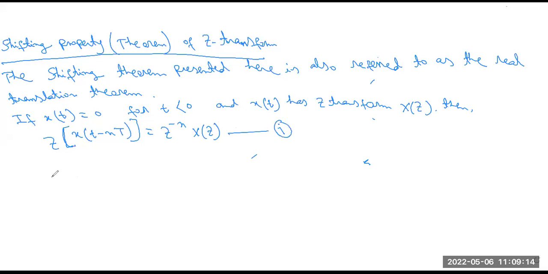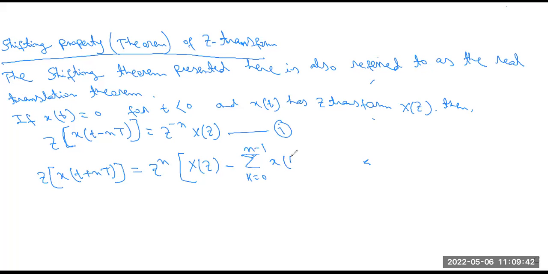Equation number one we have written, and another one is the positive shift, that is Z of x(t plus nT) is equal to z to the power n X(z) minus summation of k equal to 0 to n minus 1 of x(kT) z to the power minus k.